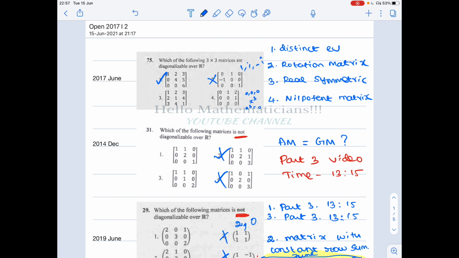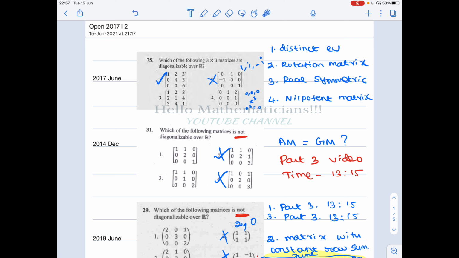One easy way to see this: if you have seen rotation matrices, then this is a rotation matrix. Actually, it is a rotation by 90 degrees.